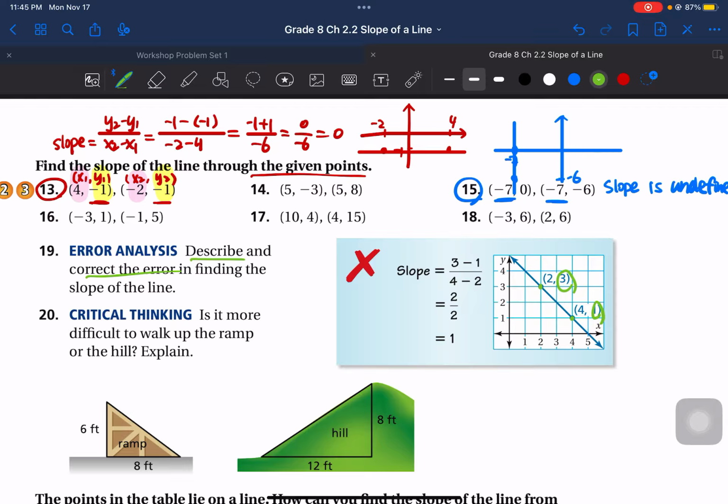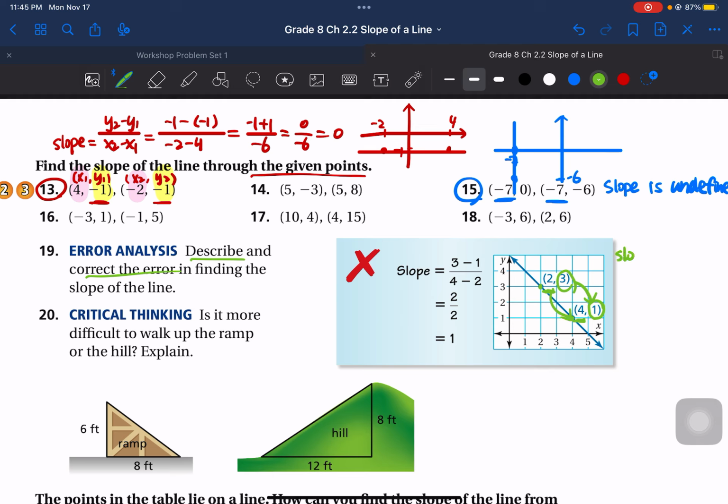4 over 2. So first of all, we should be consistent for y coordinates and x coordinates, which means if you use 3 over 1, you're using the first point minus the second point. So for the x coordinates, you must also use the first point minus the second point.